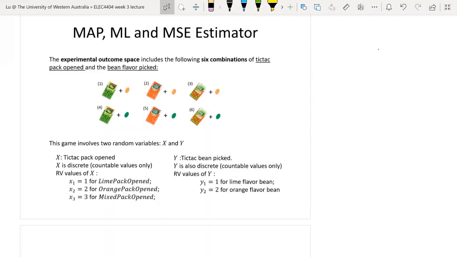So actually, we have only 6 possibilities. These six possibilities have already been given in this slide. We just list all the possible outcomes. For example, you pick a green box and take one orange flavor bin.